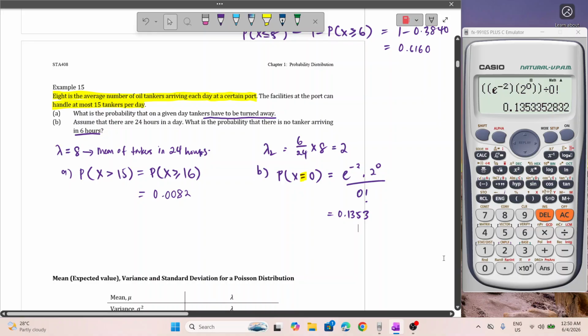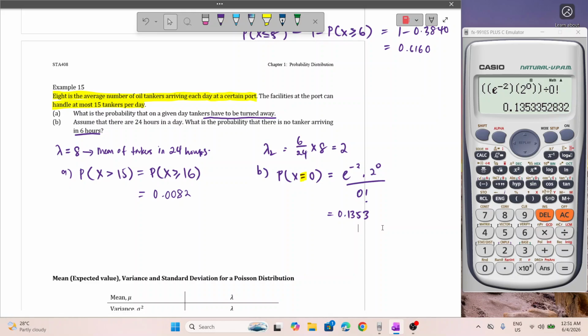Alright, so please be very careful with the mean number, with the time, or with the space later on. Maybe there will be examples about space.